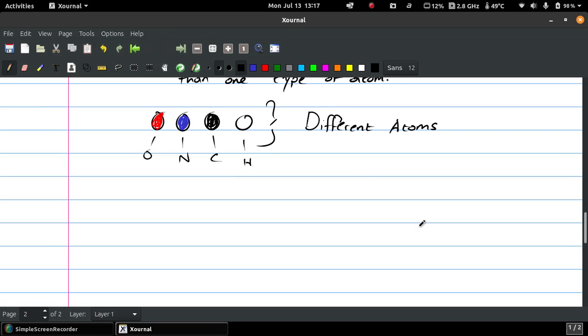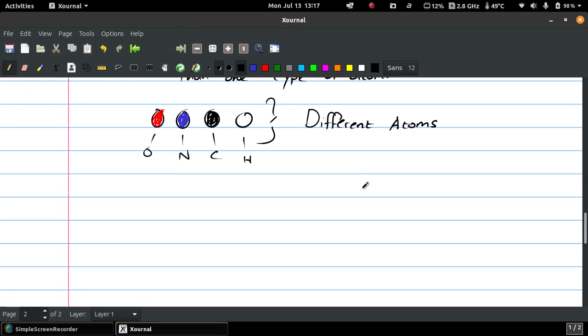So say I wanted a compound of CO2. I would have one of these, and I would have two of these. So this would be carbon dioxide.